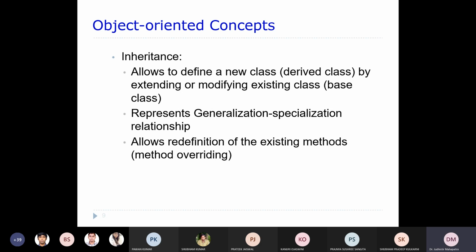That is also allowed because of inheritance. That is what we call method overriding.